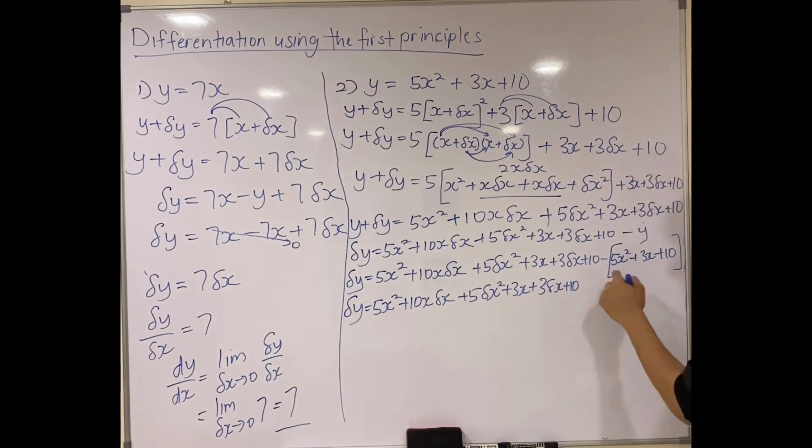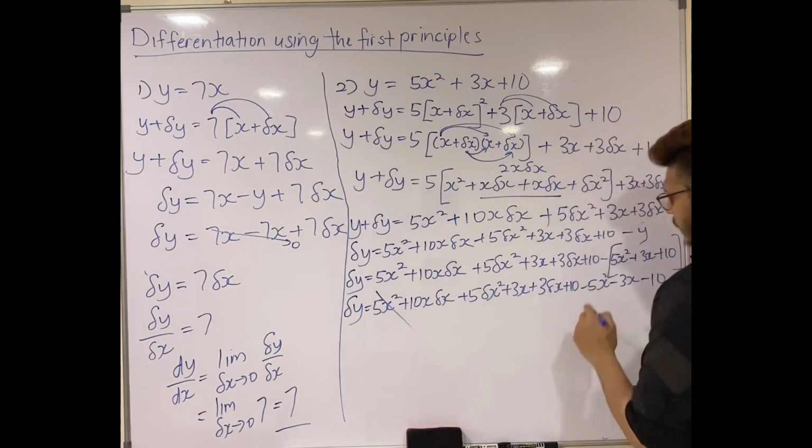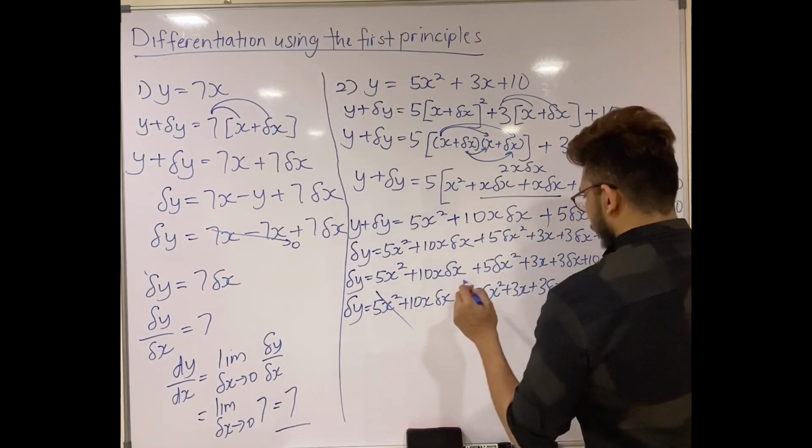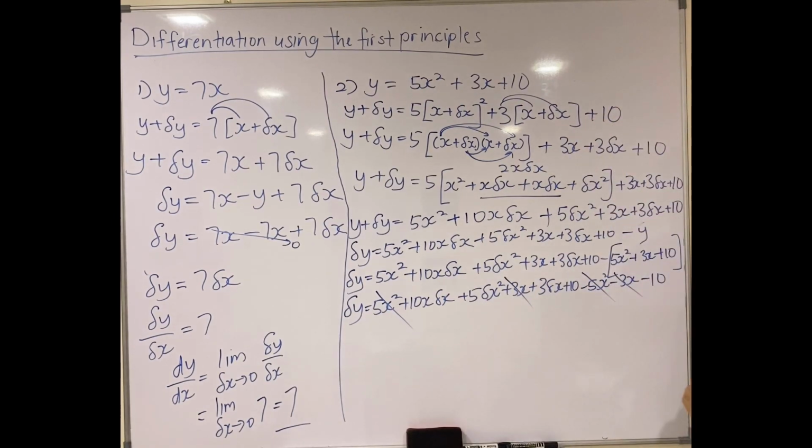Now, negative positive is going to be negative 5x squared. Negative positive is again going to be negative 3x. Negative positive is going to be negative 10. Now, do you realize this and this cuts off? 3x and negative 3x cuts off. 10 and 10. So, what are we left with?